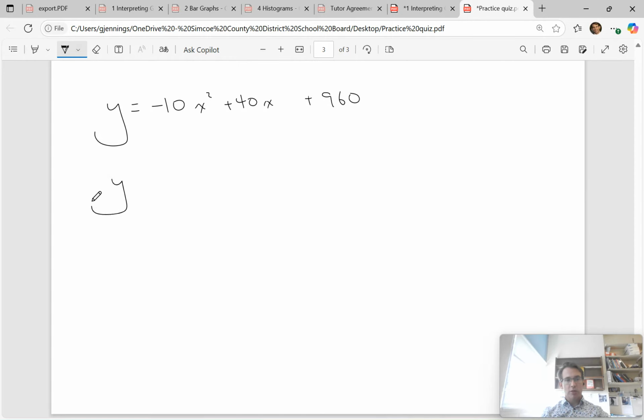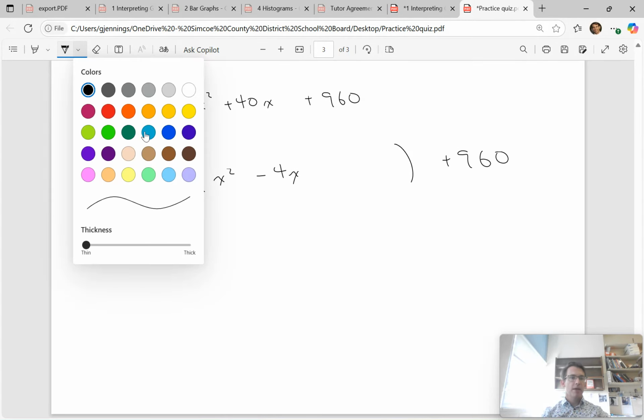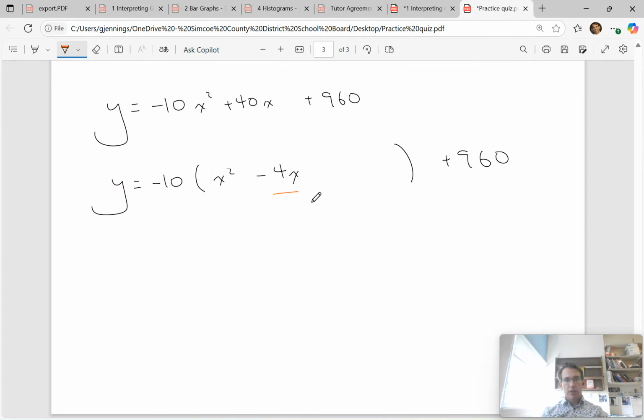If we're going to complete the square, our first step is to factor out this minus 10 from our first two terms, and leave a large space, plus 960. And then we take this minus 4, and we do a little magic trick. We do minus 4 divided by 2, and we square it. This gives us the magic number of minus 2 squared, which is 4.